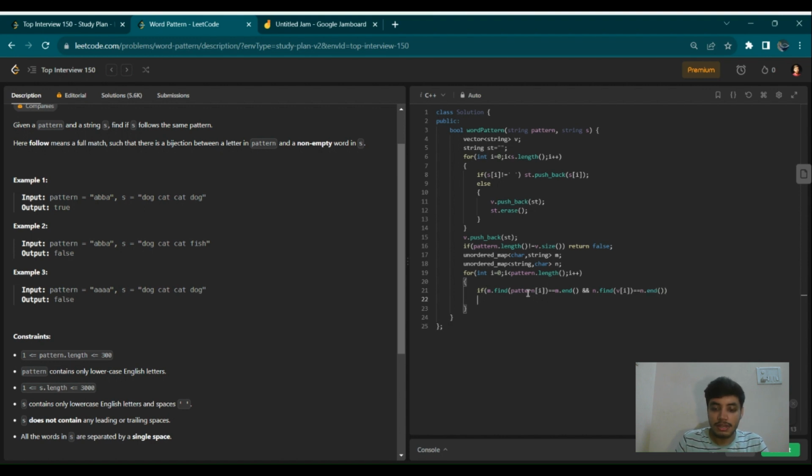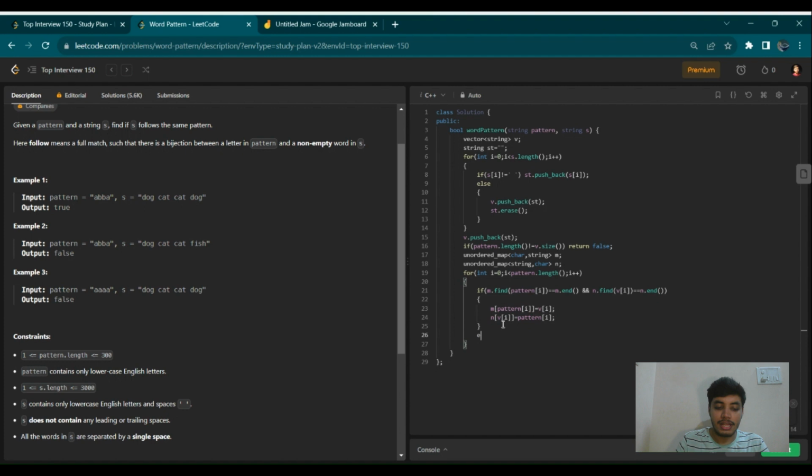In the case when we are not able to find this relation, we insert it: m[pattern[i]] equals v[i]. Similarly, n[v[i]] equals pattern[i]. So we have firstly mapped our character with our word, and secondly mapped our word with our character.